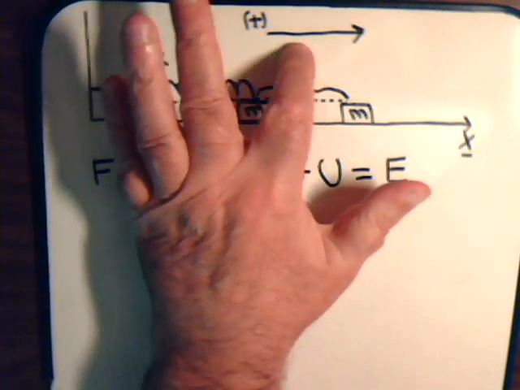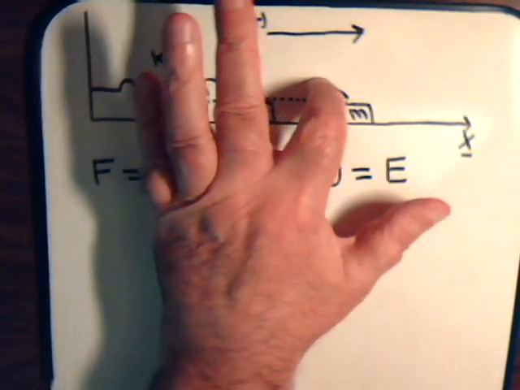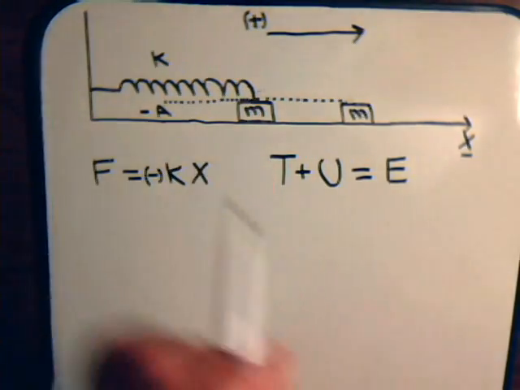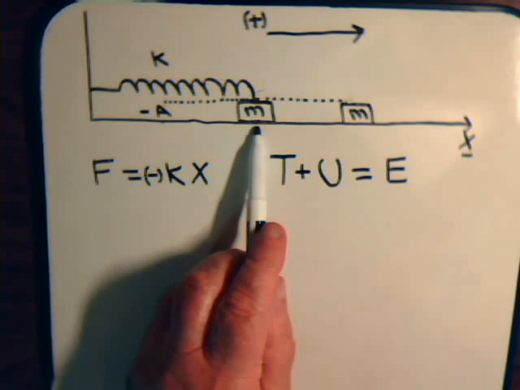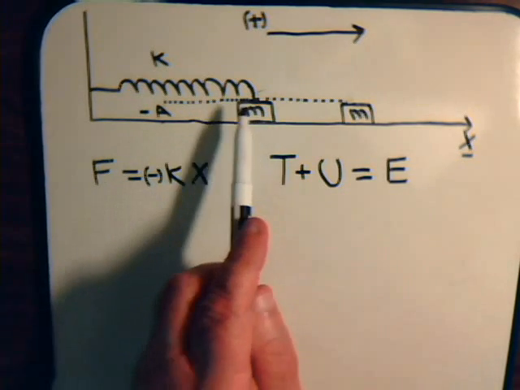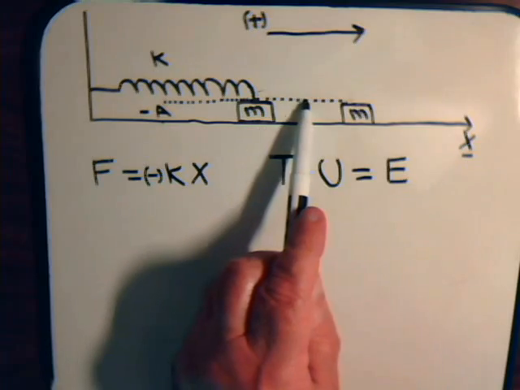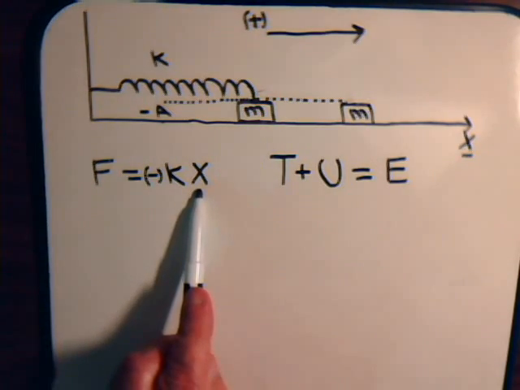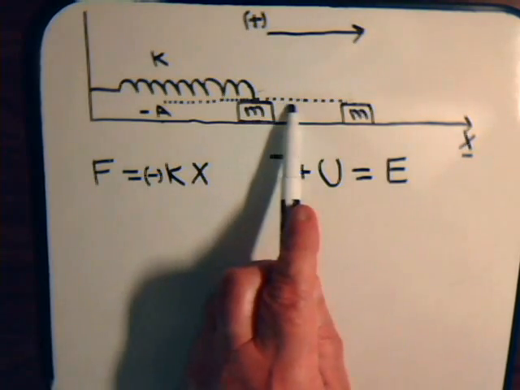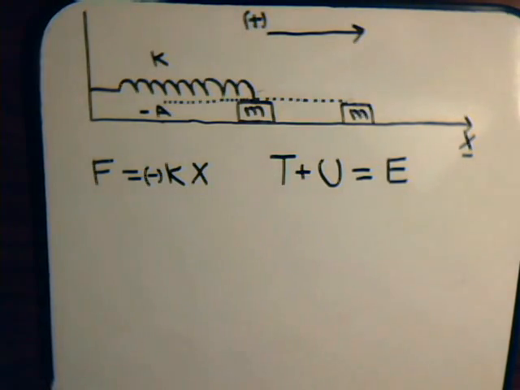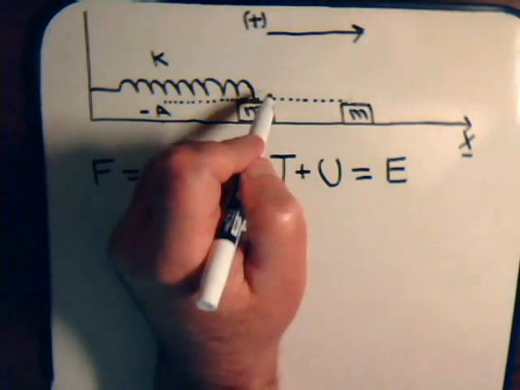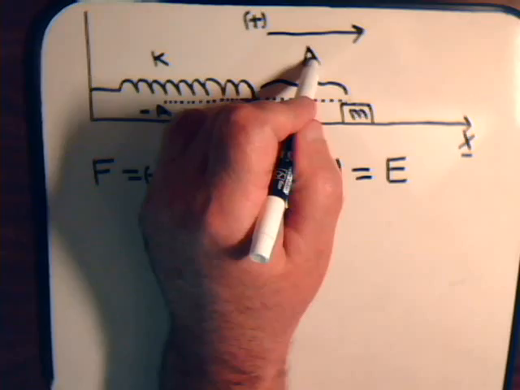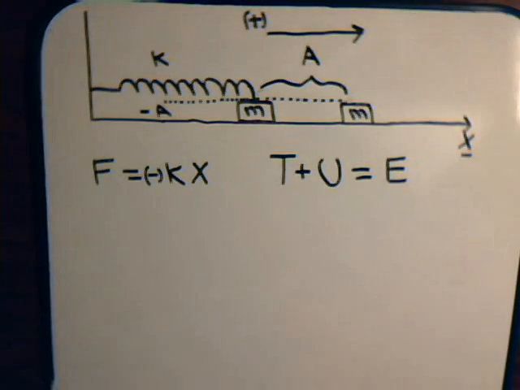The displacement is x. In other words, the mass sits here at equilibrium where the spring is not stretched, and any stretching of it is in the x direction. So when we say x, we mean the distance from equilibrium, and the maximum that x can have will be A. That's the amplitude.